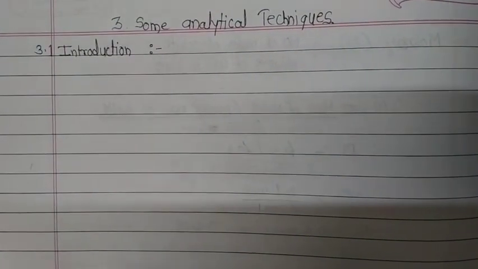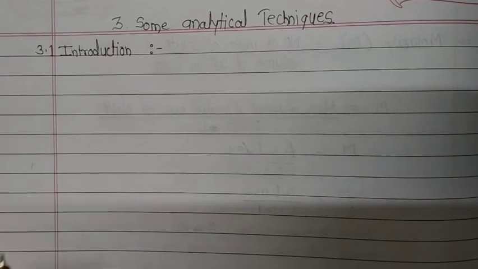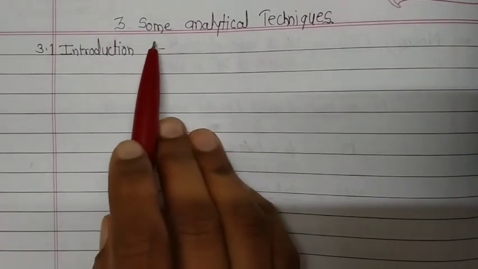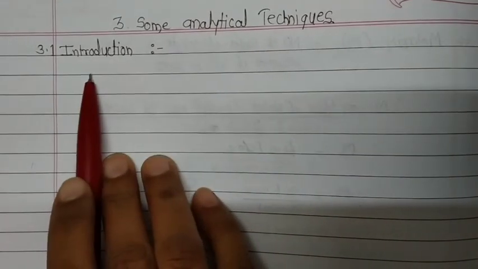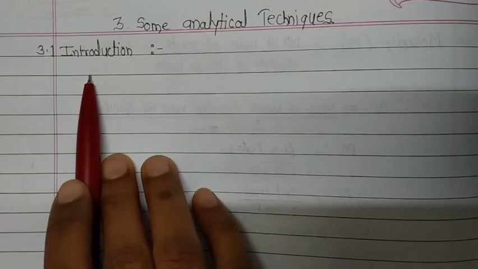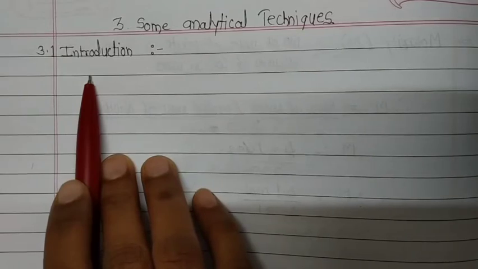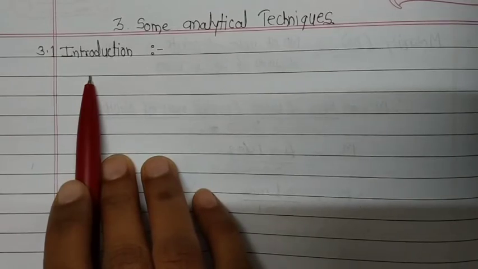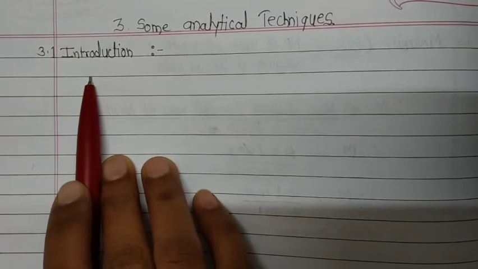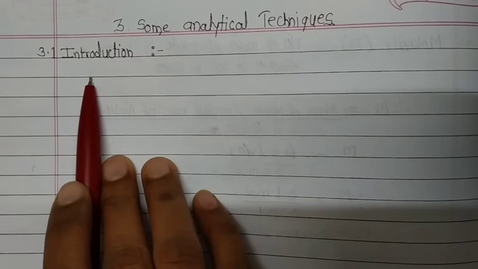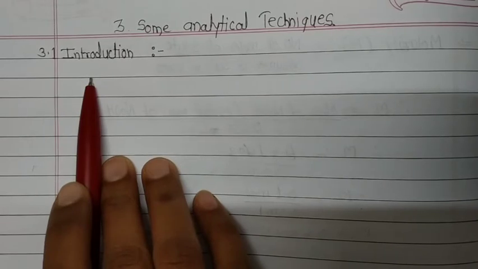Hello students, today we are studying a new unit, that is Some Analytical Techniques, in which the first point is introduction. As we know, for the analysis of chemical substances, systematic development in the techniques is used.